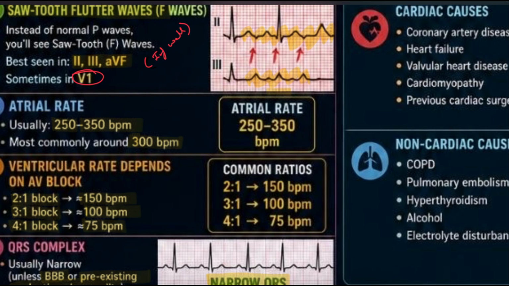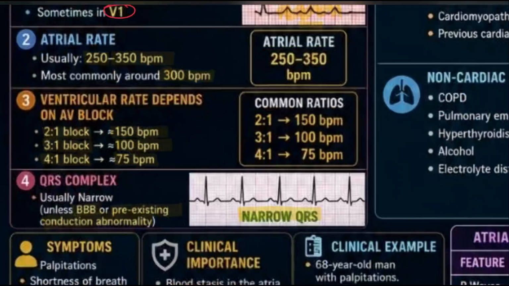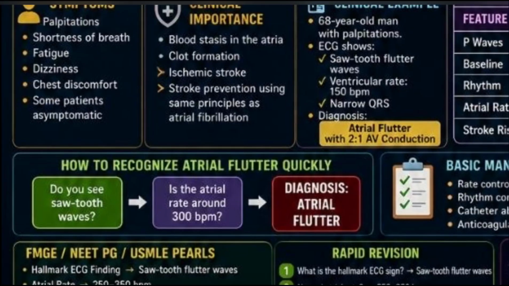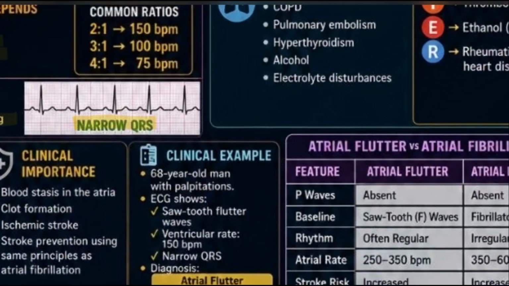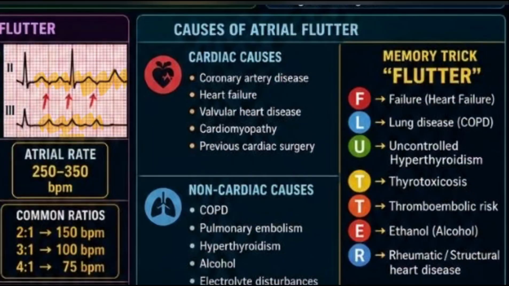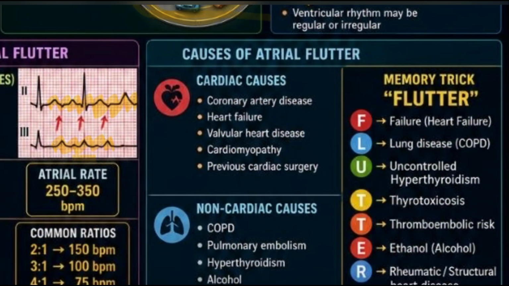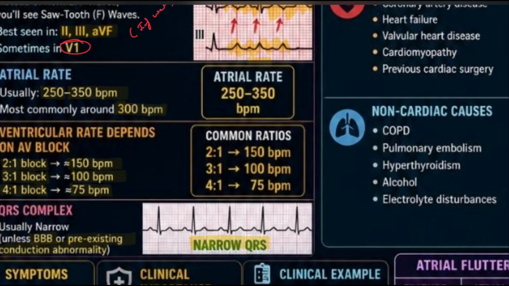Because the AV node acts as a protective filter and prevents all atrial impulses from reaching the ventricles. For example, if the atrial rate is 300 beats per minute with a 2:1 AV block, only every second atrial impulse reaches the ventricles, so the heart rate will be 150 beats per minute.